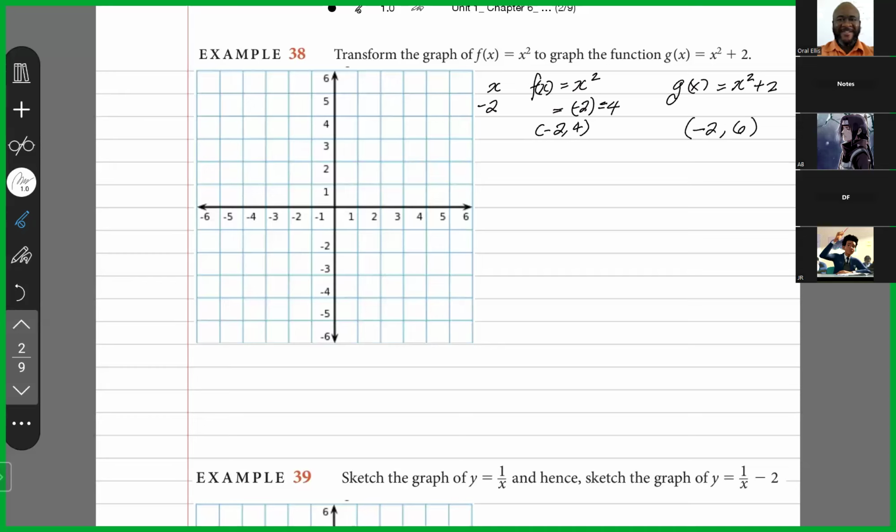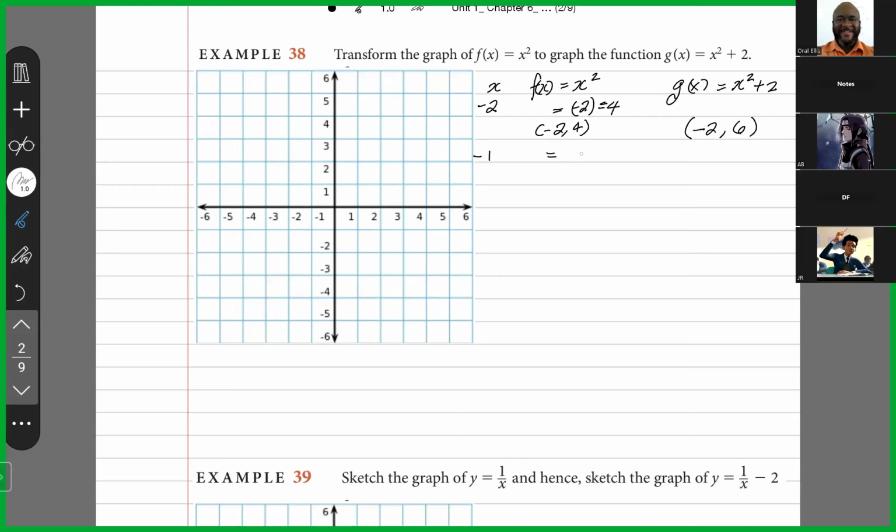So in a vertical translation, the x coordinate remains the same, but the y coordinate is either going to increase or decrease. And in this case, it's going to increase by 2. So let us see what happens when x is minus 1.